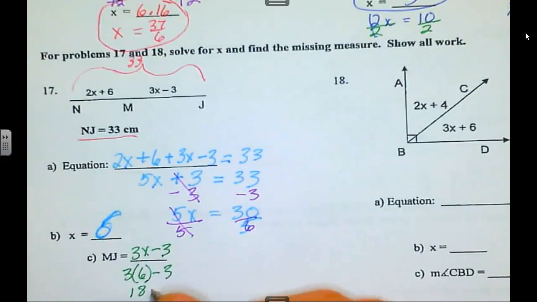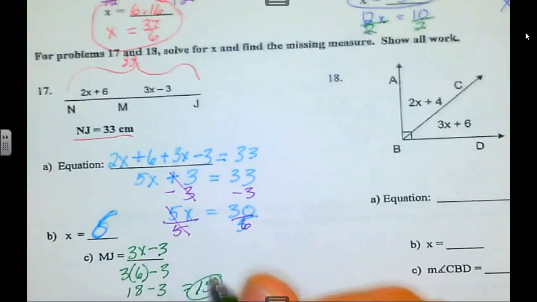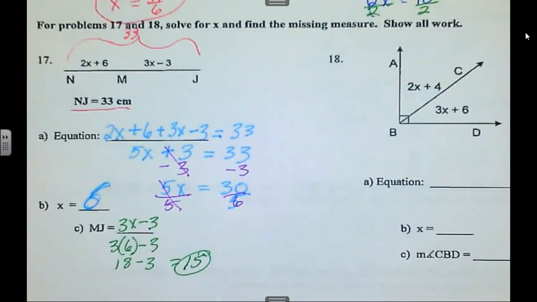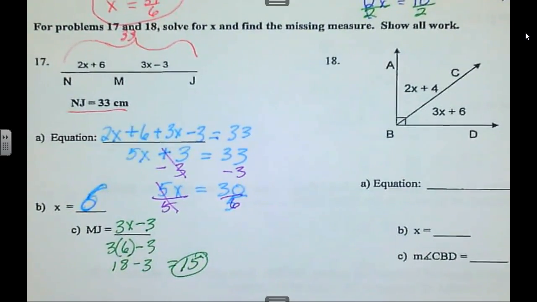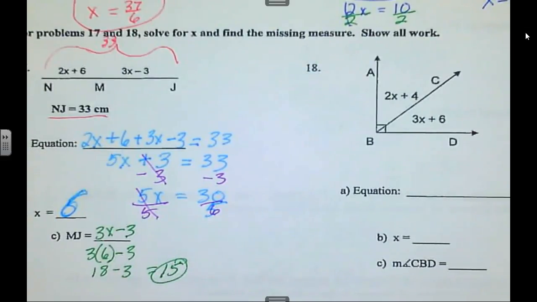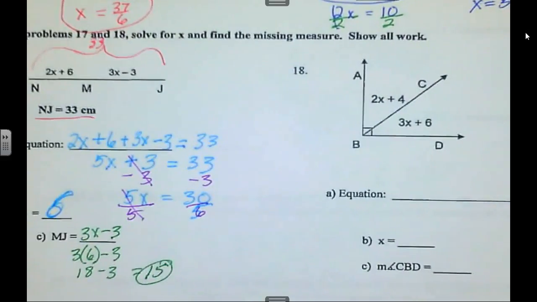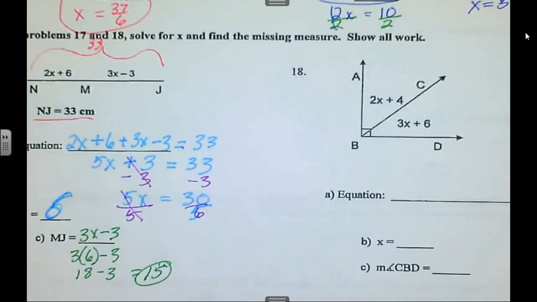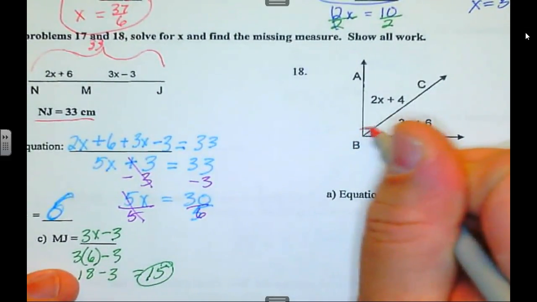So 18 minus 3. What are those going to add up to? Awesome. Because it's a right angle.